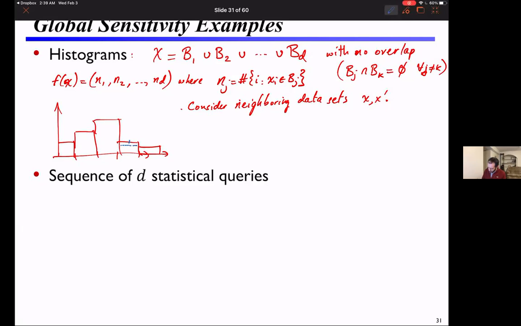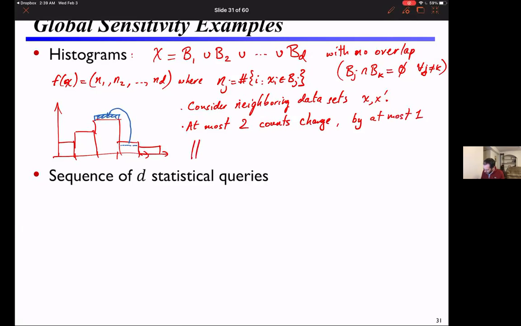The worst case is moving it to a different bin, maybe over here. But in either case, at most 2 entries change, and they change by at most 1.